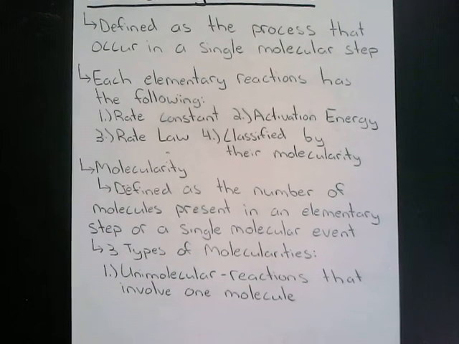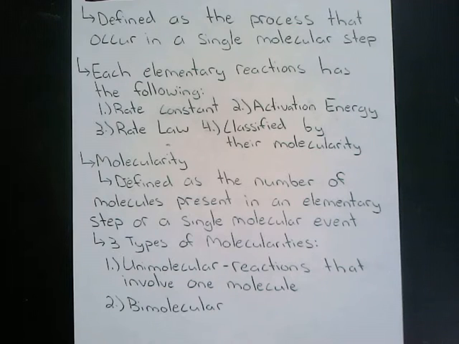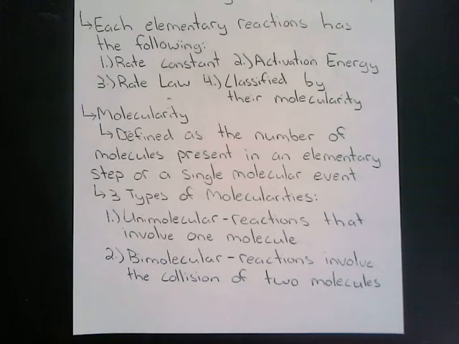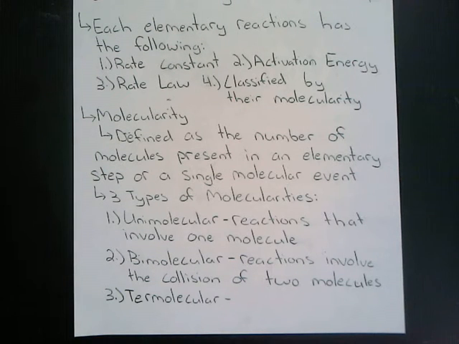We also have bimolecular, and these are reactions that involve the collision of 2 molecules. And then our other molecularity is a termolecular step, which involves the simultaneous collision of 3 molecules.